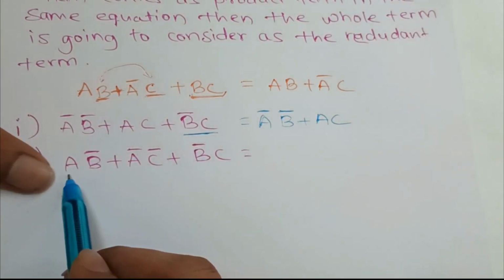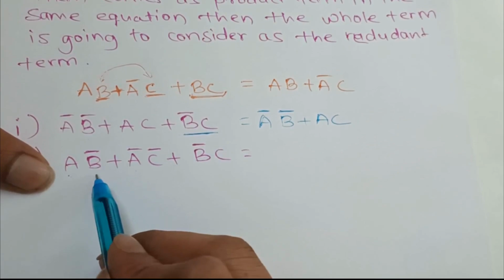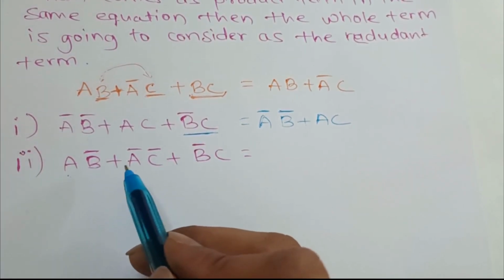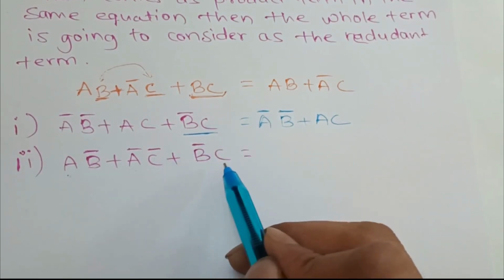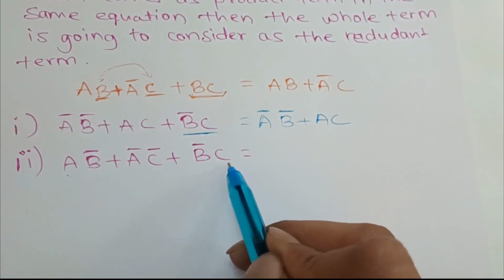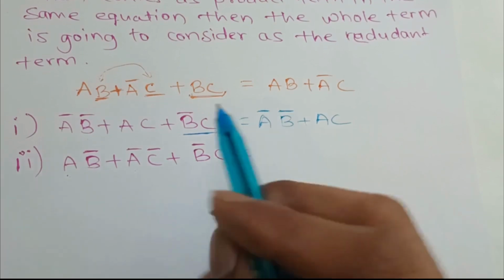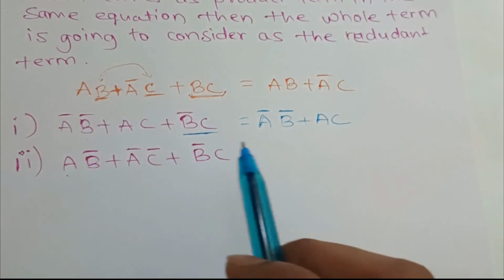So A is present in both forms. Here it is non-complemented, here it is in complemented form. We'll check for B. B is in non-complemented form in both the terms in the entire equation. C is present in complemented as well as non-complemented form. So there is a possibility that the redundancy theorem is applicable in terms of the C variable as well.